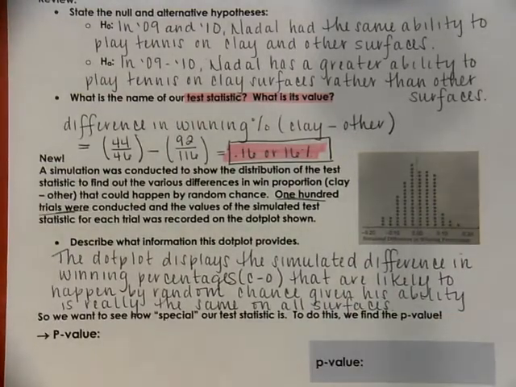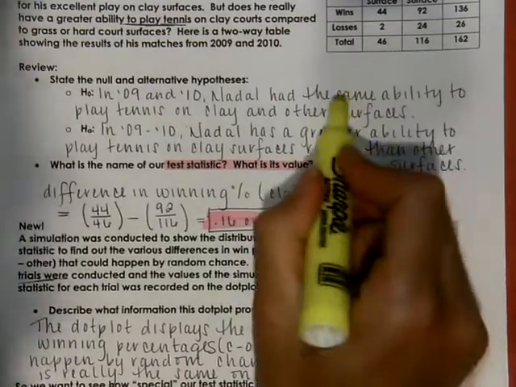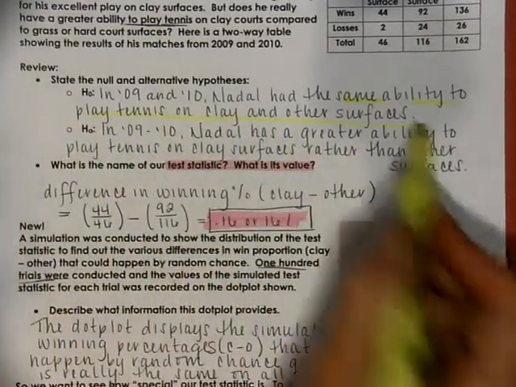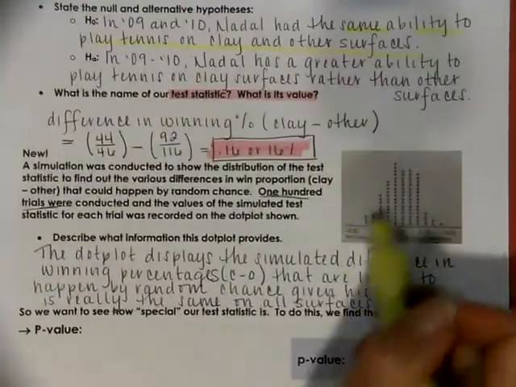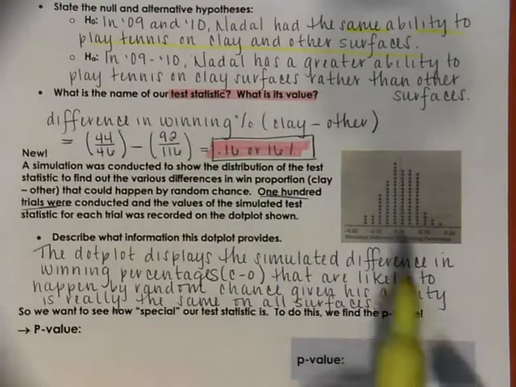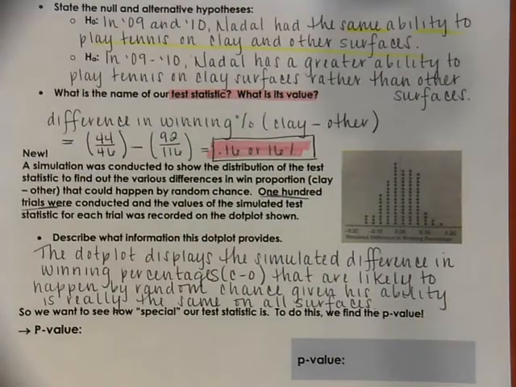Because remember, we're always assuming our null hypothesis is true, which is that he has the same ability on all types of surfaces. So this is what's likely to happen if this is really true and his ability is the same on all the surfaces.